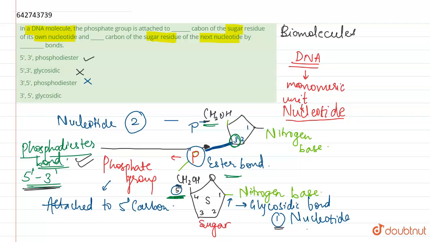So normal one nucleotide phosphate attachment is always at the fifth carbon. But when you talk about phosphodiester bond formation, that has association with the fifth carbon of one and the third of the other nucleotide. And the last is 3-5, glycosidic, is also wrong. So our correct answer is the first one, 5-3 and phosphodiester bond.